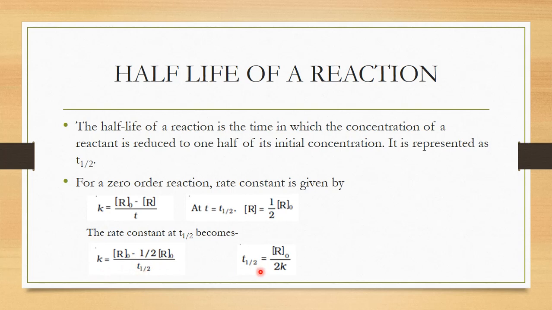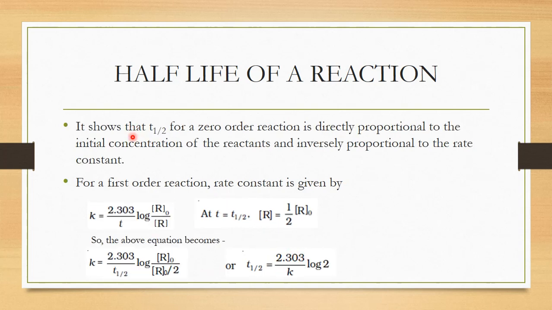So, what will be t half? It will be equal to R naught upon 2k. Means t half for a zero order reaction is directly proportional to the initial concentration of the reactant and inversely proportional to the rate constant.